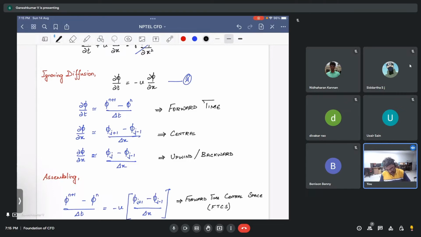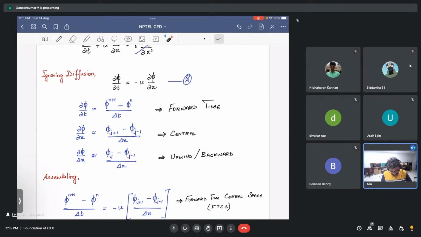And similarly, we will take a first order scheme for space. This we all know is a central differencing scheme. Similarly, we have an upwind scheme or backward scheme. So these terms are interchangeable. You may notice that I'm using the approximate sign because it's an approximation.